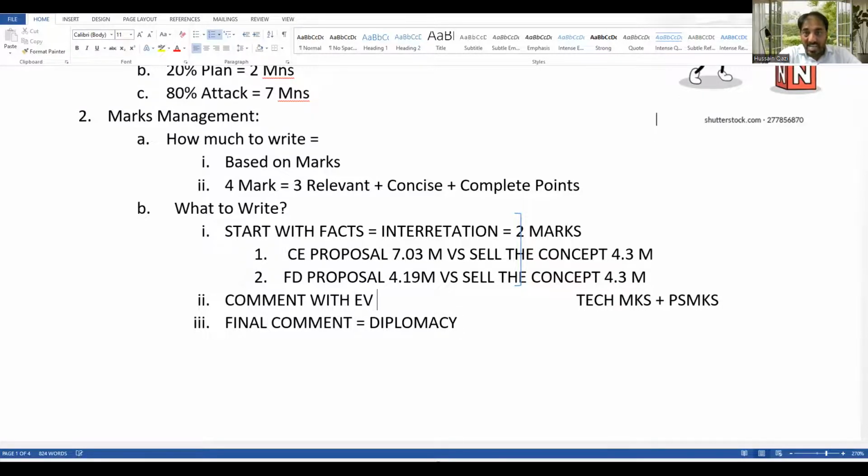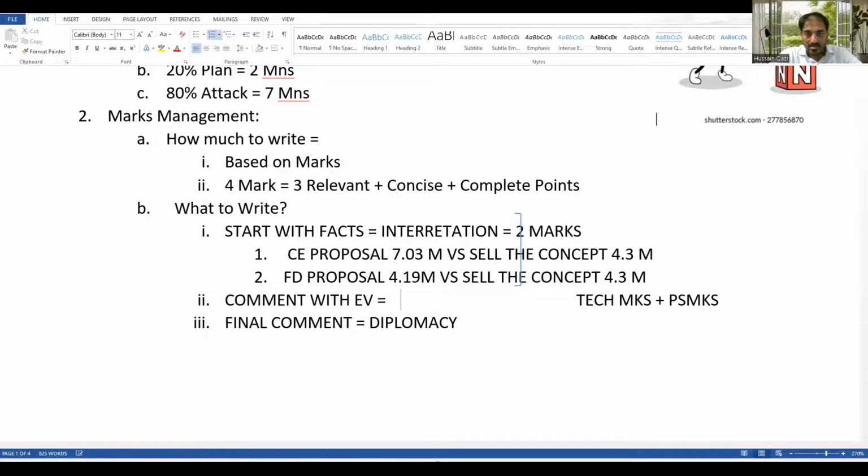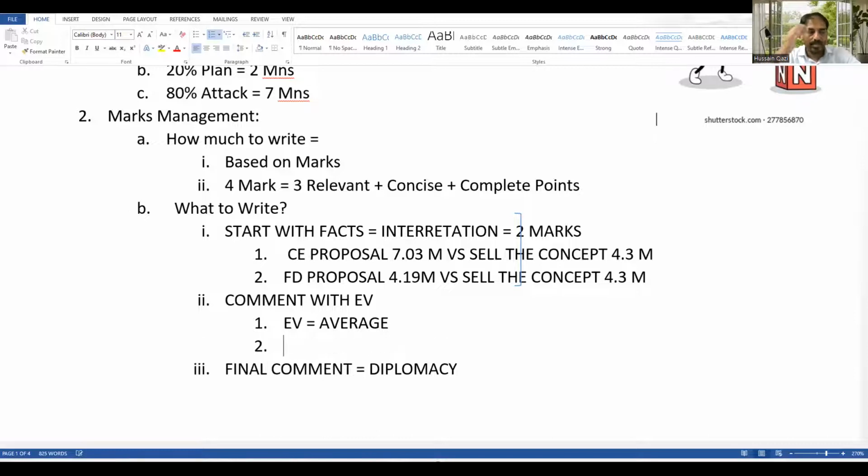Immediately after this, you have to comment on the expected value, because the finance director proposal is based on expected values. For expected value, that is average.